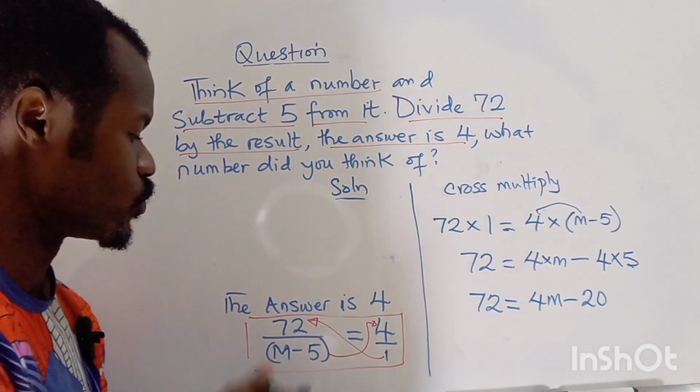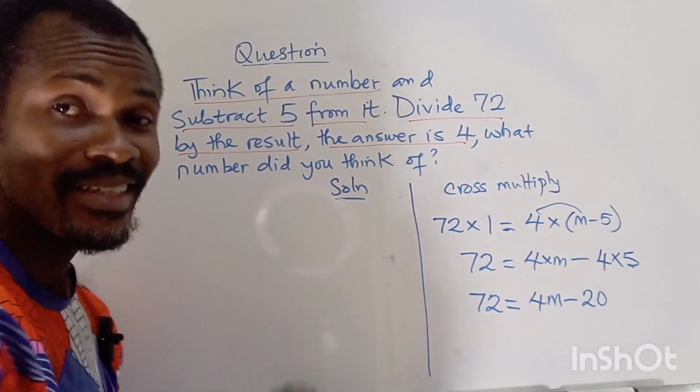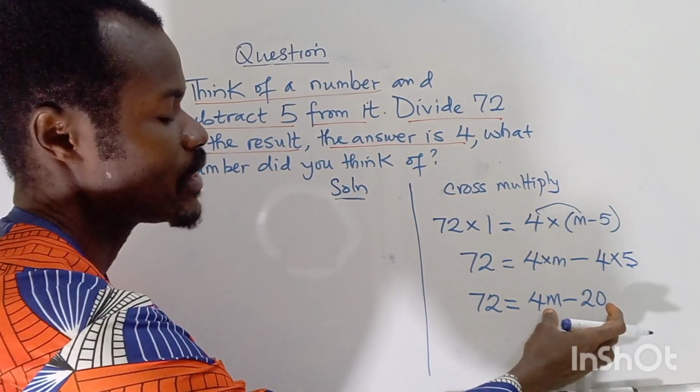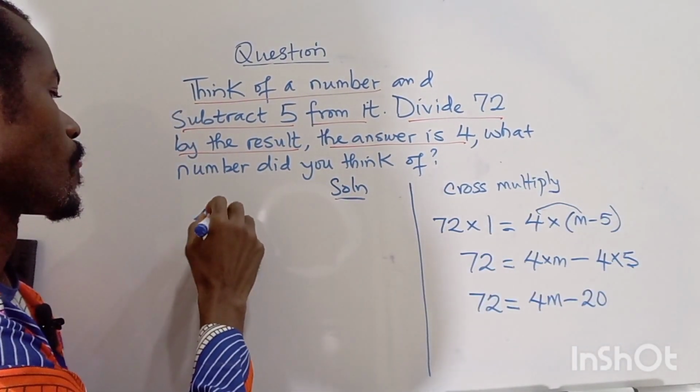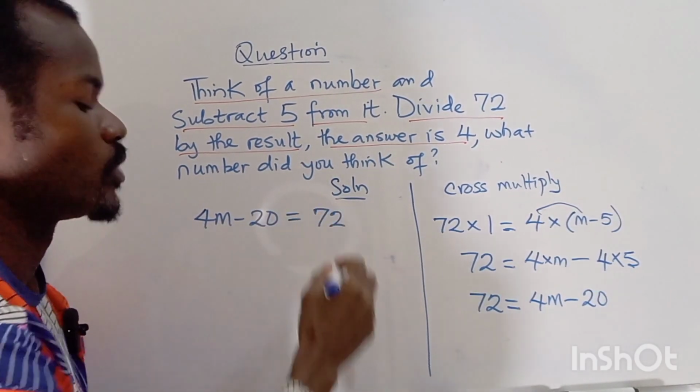Now, if you look at that, we have been able to get a simple equation. So how do we solve that simple equation? Now, I can decide to write this first, is equals to 72.